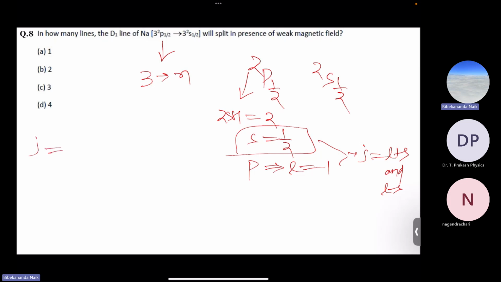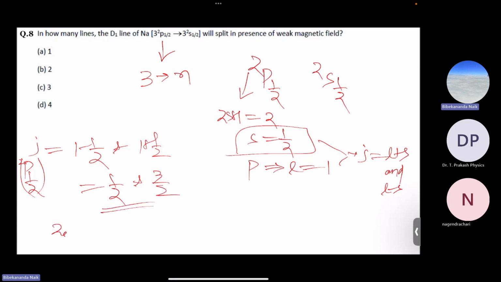So for 2P half, J will be 1 minus half and 1 plus half, so half and 3 by 2. These are the values of J for 2P.